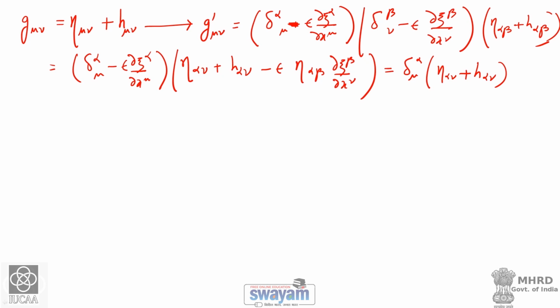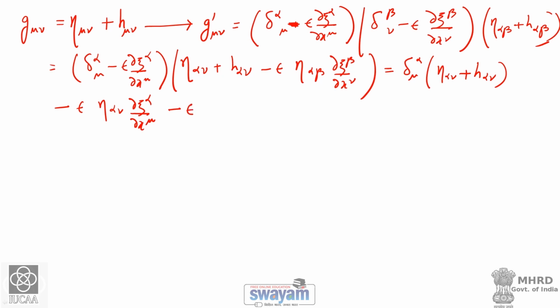Since I want linear orders, the smallness will hit this, so there will be a minus ε η_αν ∂ξ^α/∂x^μ, and this term with this will be quadratic. Similarly, this term with this term will be quadratic, and only this term with this term will be left, which is only linear in epsilon.